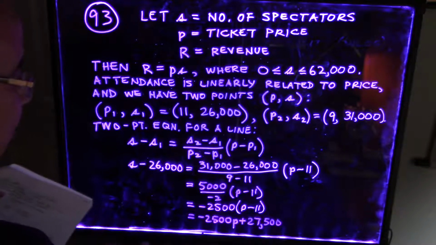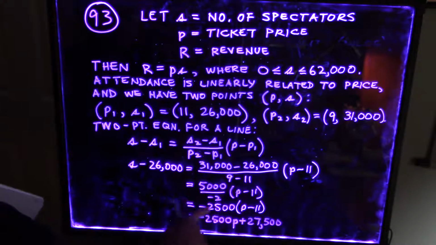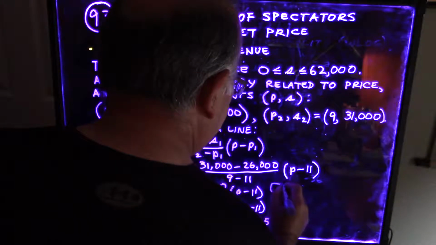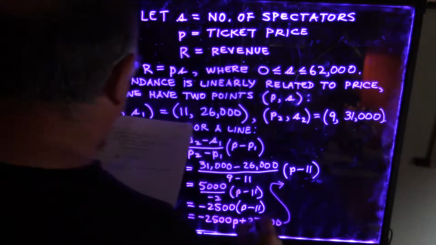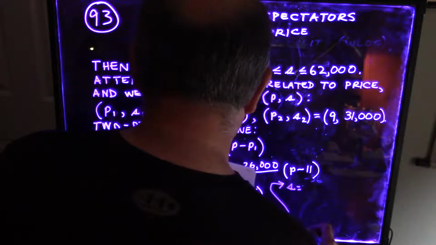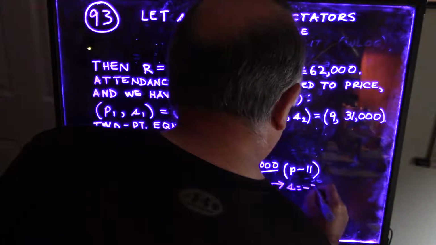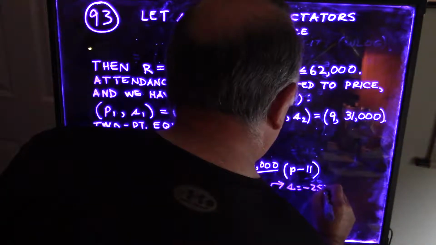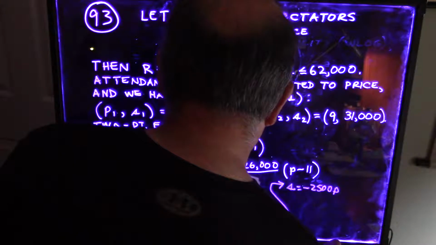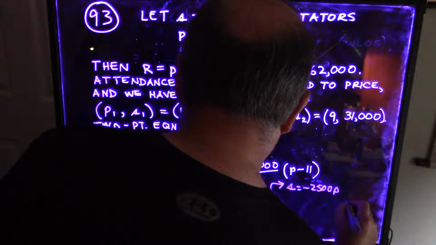Alright, so before I erase to get more room, let me add 26,000 to both sides, and then let me shift it over here. So we've got S is equal to negative 2500p plus 53,500.